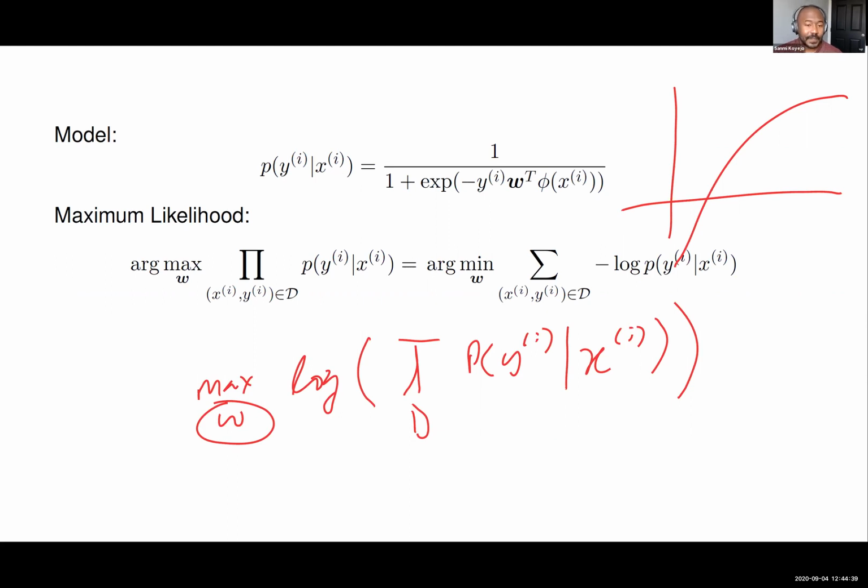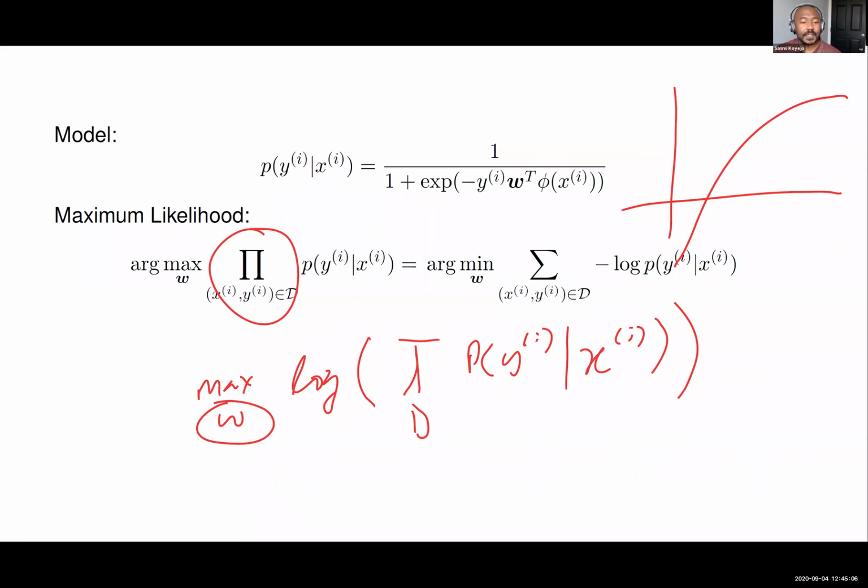In particular, first we had a product over probabilities. As we will find later in the class, particularly when we talk about clustering, products of probabilities are hard to deal with. So the first nice thing is that the log turns the products into a sum, because log of a product is the sum of the logs. So you can just push the log through.